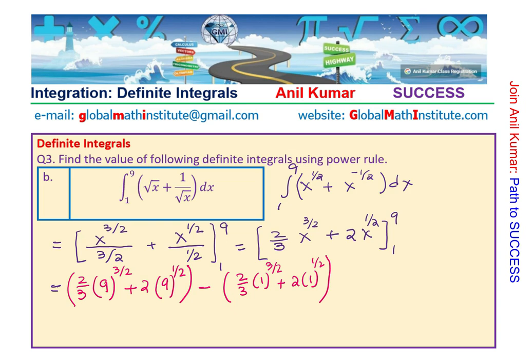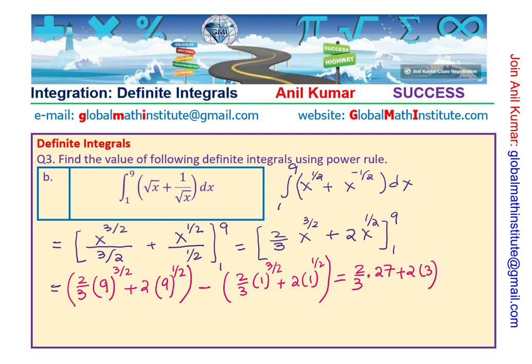Correct. So that gives us 2 by 3, 9 square root is 3 and 3 cube is 27, plus 2 times 9 square root is 3. And here we get minus 2 by 3 because 1 square root and 1 to the 3 by 2 is 1.